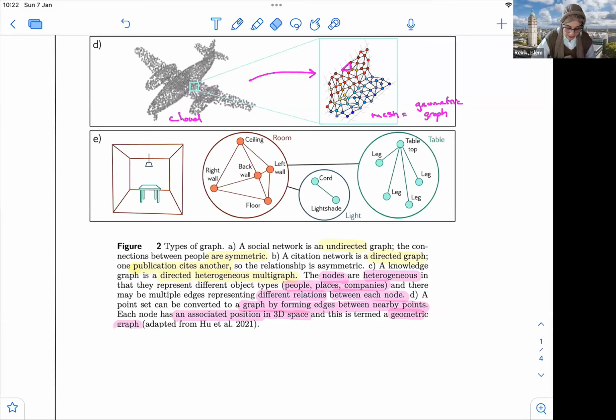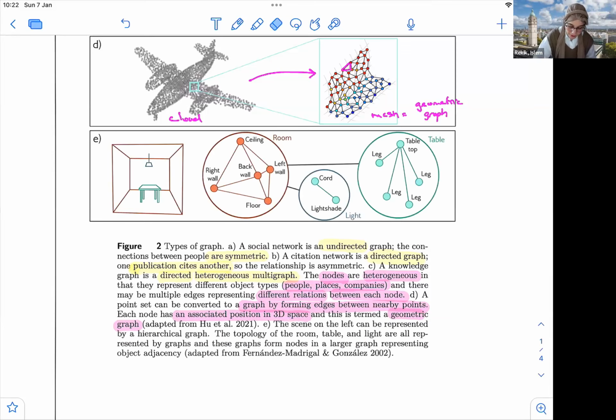Now, the last example, in E, we have a hierarchical graph. This represents a scene. You can see that this scene right here, where you see a room, light, and table, has 3 items. These 3 items can be encoded into a hierarchical graph. The topology of the room, table, and light are all represented by graphs, and these graphs form nodes in a larger graph representing object adjacency.